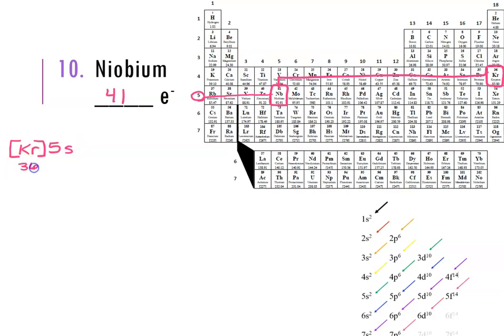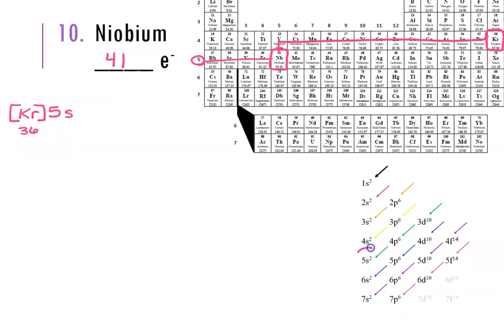Krypton has 36 electrons, so we need to know that. So we're going to go from 36 to 41. So if we start with 5s, 5s has a 2 maximum, so that gets me to 38. Then I need to get to 41, so I'm at 4d. So 38, 39, 40, 41, so I need 3 electrons here.